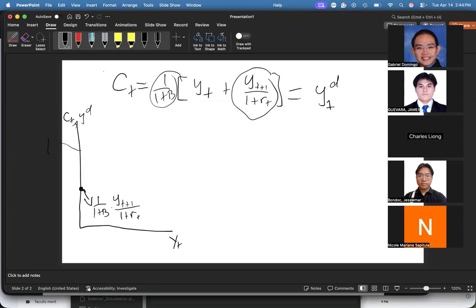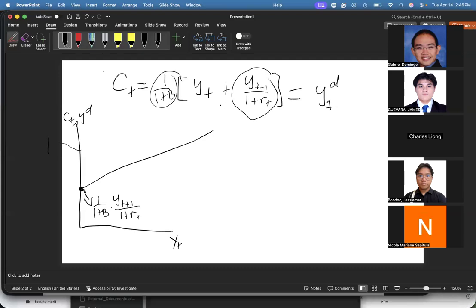Is it a line or a curve? Should I be curving it or not? It's a line. Okay, anyone can answer; if you speak over each other, that's totally fine. So here's your consumption function.